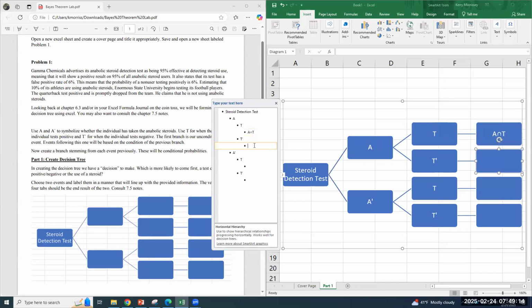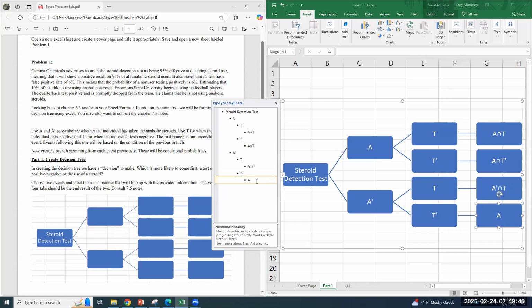On our next branch here, we have you've taken the steroid, and I'm going to copy in that symbol, or each time you want the symbol, you can come back here to add it, and then not T. So we tested negative. Here we have not A and T. So you did not take the steroid, and your test came up positive. So that's your false positive right there.